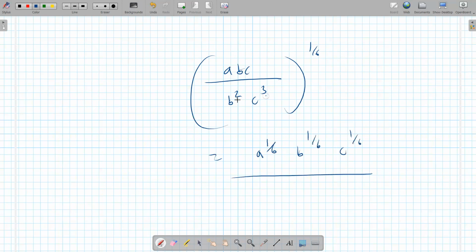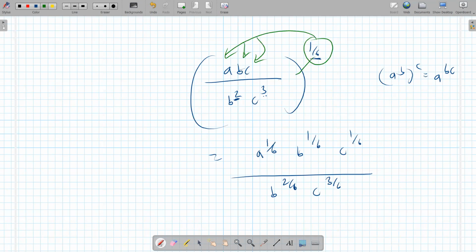But for these two, you have to use the exponent rule where you multiply them: a power b to the power c is a power b times c. So you multiply this with this. This becomes 2 times 1 over 6, which is 2 over 6, and this becomes 3 over 6. The point being, the exponent distributes equally to every single element inside of that bracket.